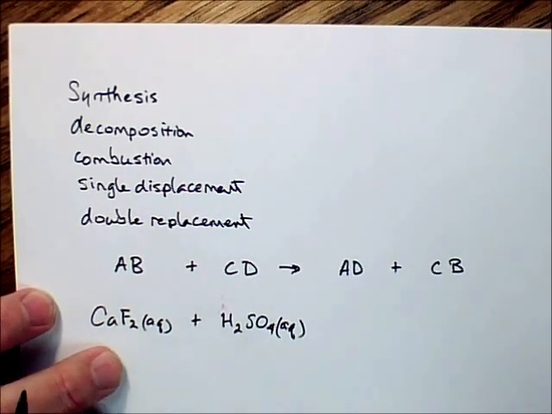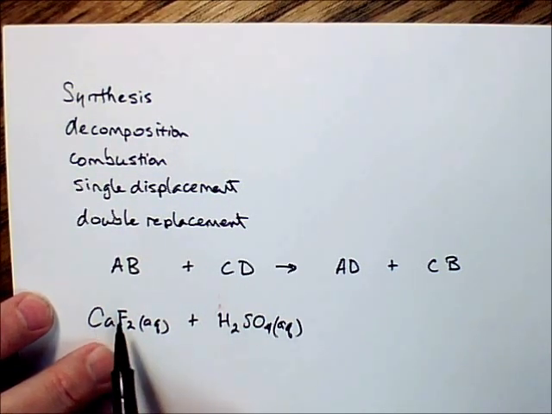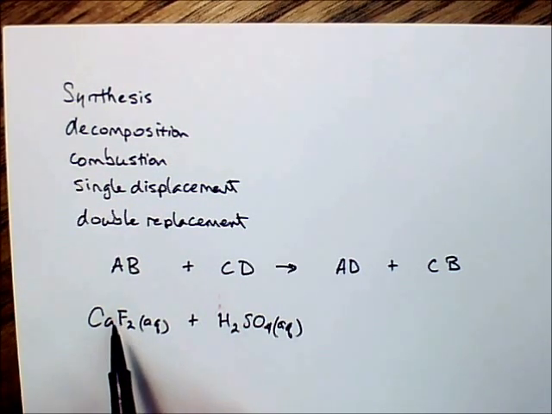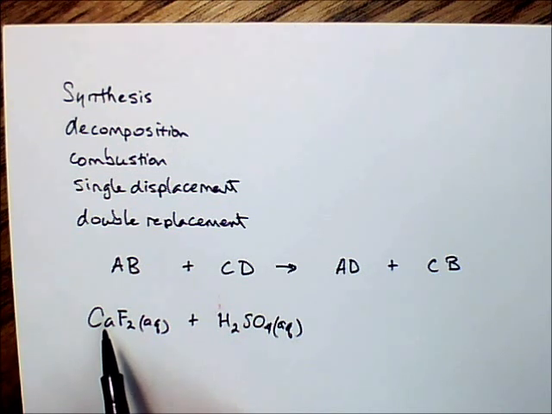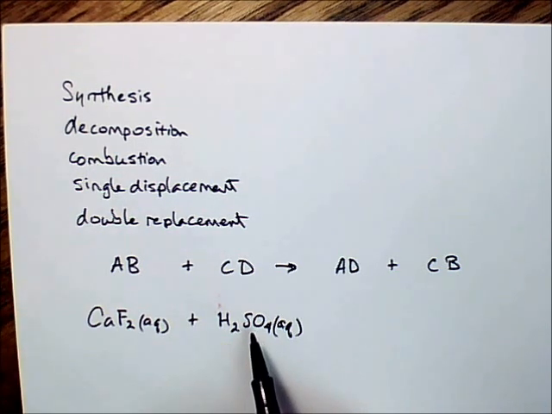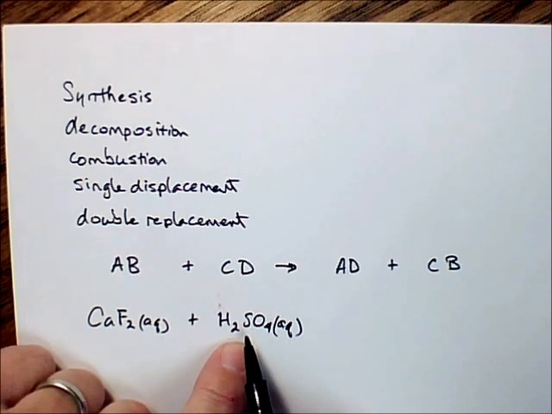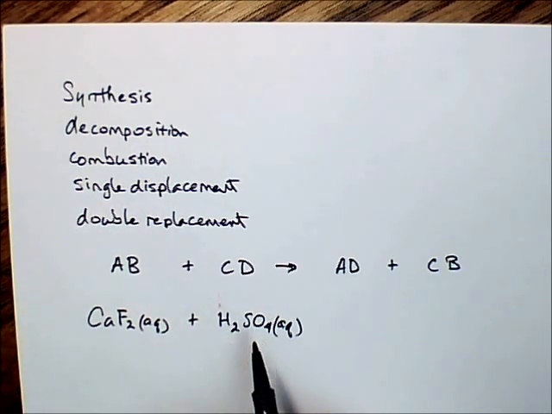So here are two-part compounds. Calcium and fluorine is a metal, non-metal combination. You should be able to tell right away that's 2 parts. Metal, non-metal. The H2SO4 might seem a bit more complex. But remember, if you have more than 2 elements, the first thing you want to do is go to your common ions list and see if you can find a polyatomic ion.